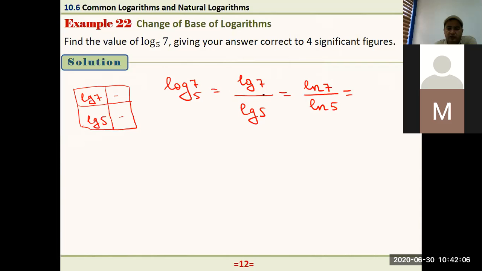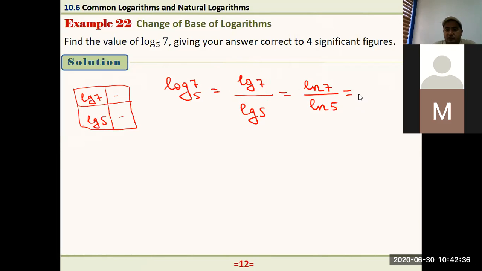So now, using this thing, or this thing doesn't matter, we can evaluate this. So, where's my calculator? Okay. Correct to 4 decimal places. That is logarithm of, here we have 5, we have 7.